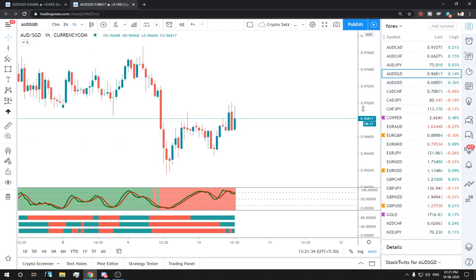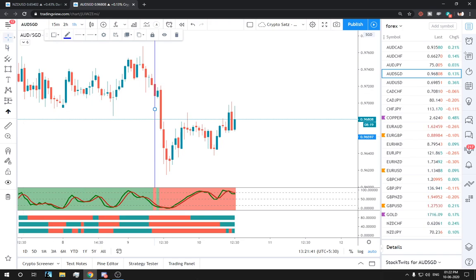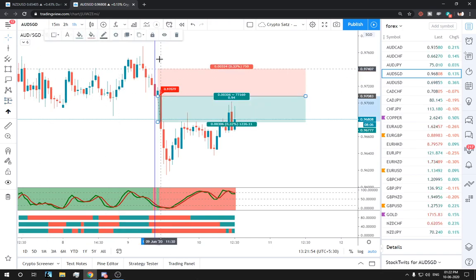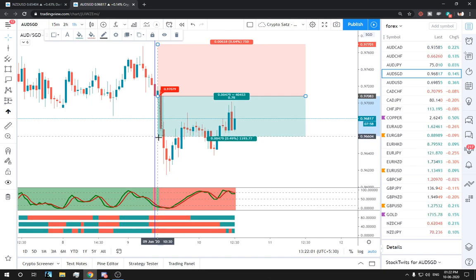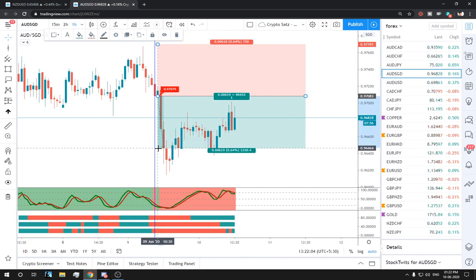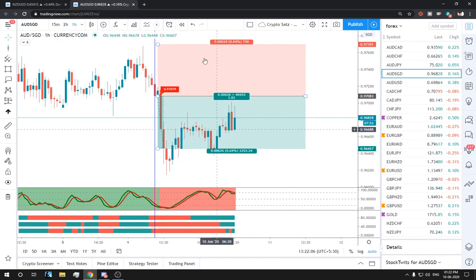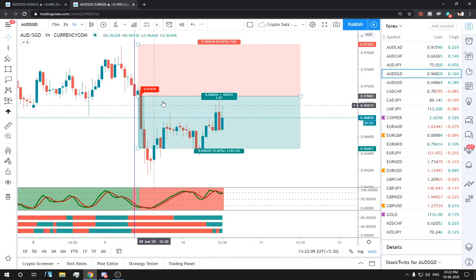Let's move on to the next one, AUDSGD. No signal as of now. Yeah, we had a short signal here, this particular candle, all red, good to go for a short on the open of the next candle. Stop loss at the previous structure's high, or if you ignore that wick you can test it here or here, anyway it doesn't matter. 0.64, boom, bingo, the trade was done, and that was really very quick.